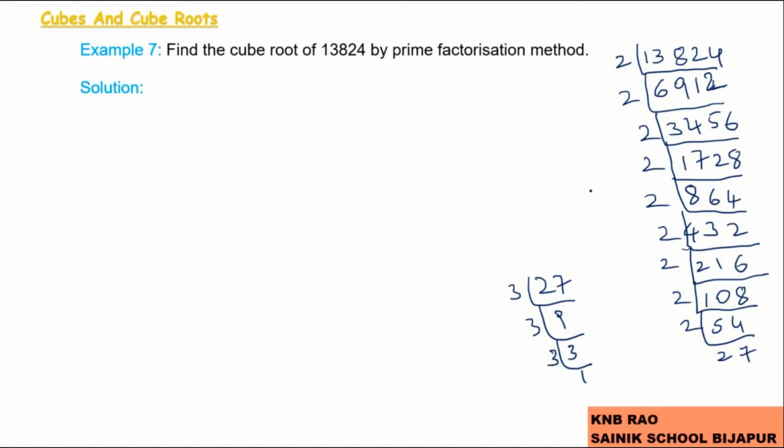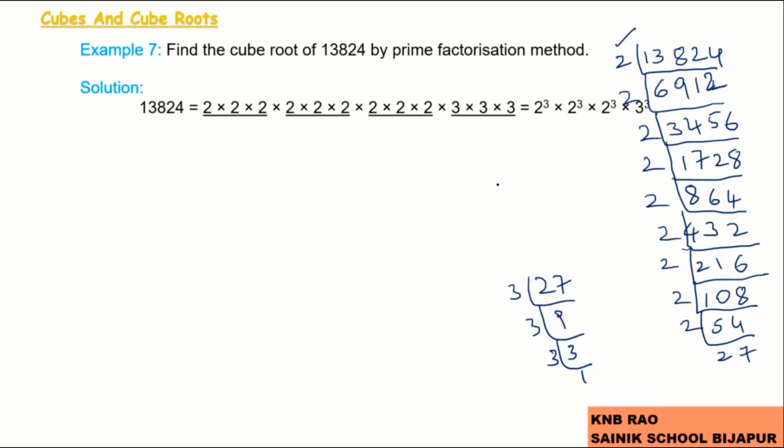That means in the prime factorization of 13,824, 2 is multiplied by itself once, twice, thrice, 4 times, 5 times, 6 times, 7 times, 8 times, so totally 9 times: 1, 2, 3, 4, 5, 6, 7, 8, 9. And 3 is multiplied by itself 3 times. So you have the prime factorization of 13,824.